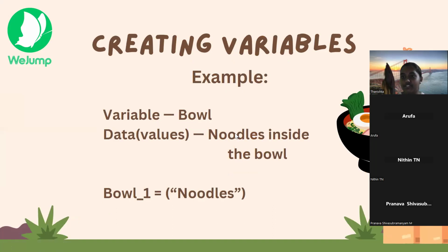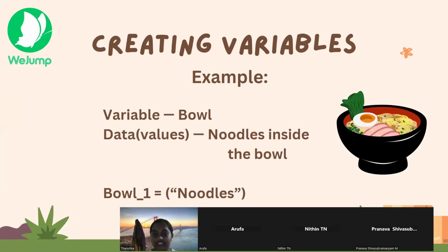So here you can see properly. Yeah. So creating variables. How you can create a variable, and there's an example here. The variable equals bowl, and then data means the values, that is the noodles which are inside the bowl.